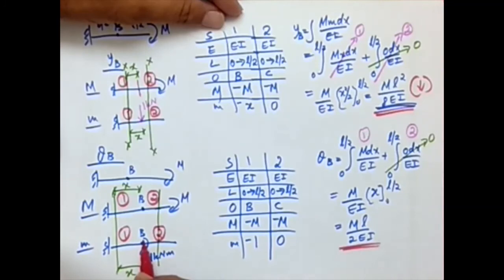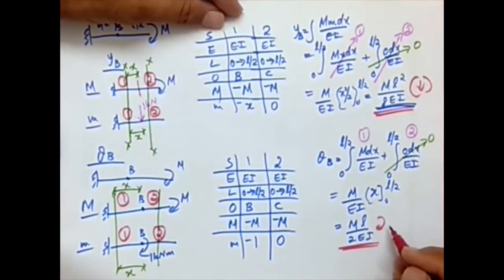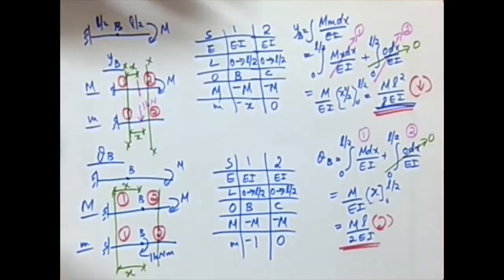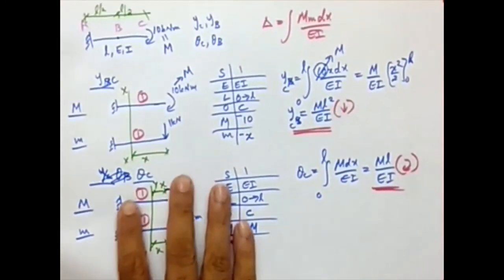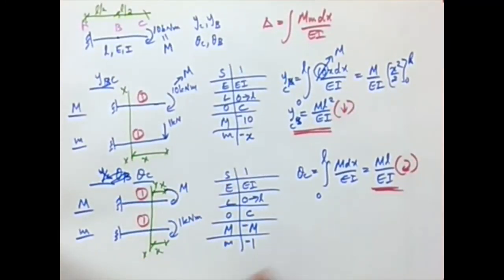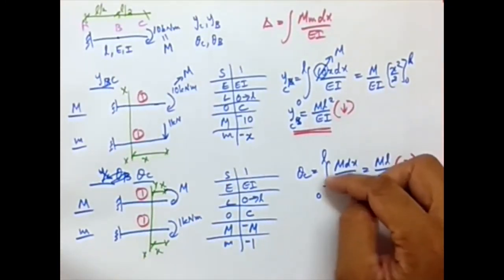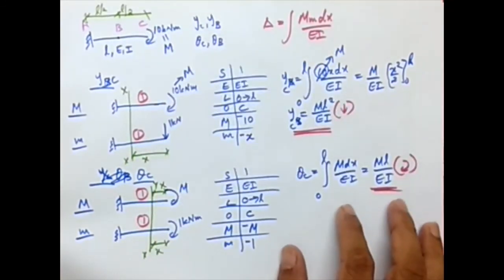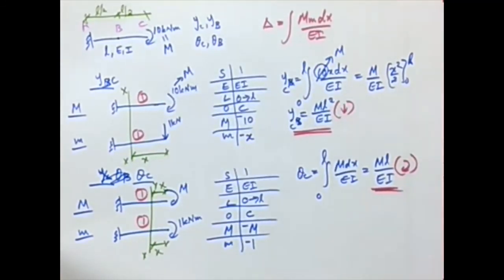The assumed unit load was having a clockwise direction. So the rotation we are getting is also clockwise. So hence we have the deflection and slope at point B. And in the first part, we have seen the values of deflection and slope at the free end. Okay. Thank you.